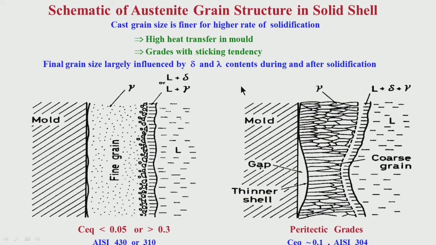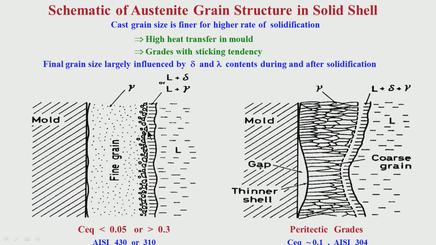So, as I was telling you, depending on the characteristic of the alloy, we have to use different casting parameters, we have to use different casting powder. Casting powder is one, then I have told you about the mold oscillation. Mold oscillation also should be different, because what is the purpose of mold oscillation?